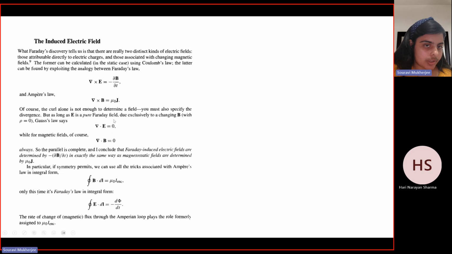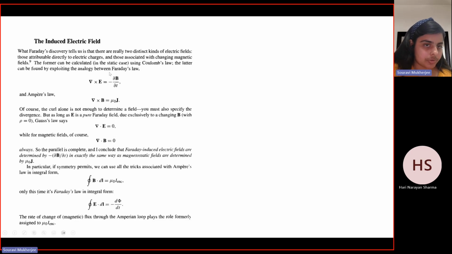So now if you just look at these four expressions, you can see that there is a similarity between the electric field and the magnetic field. You find a parallel, right? Faraday-induced electric fields, given by this expression here, are determined by minus del B del t, that is, the change in magnetic field, in the same way as magnetostatic fields are determined by mu naught J. So this is the parallel that you get.